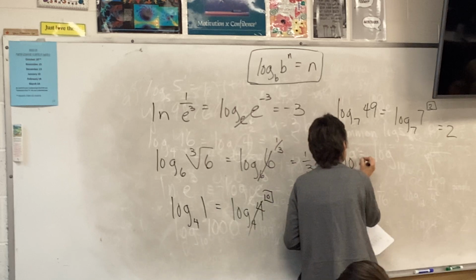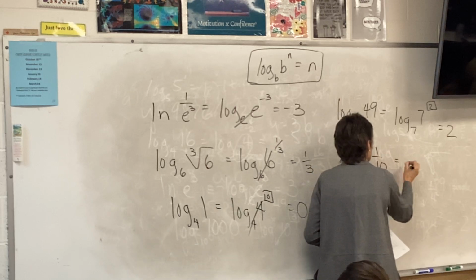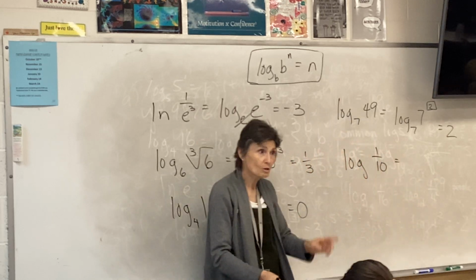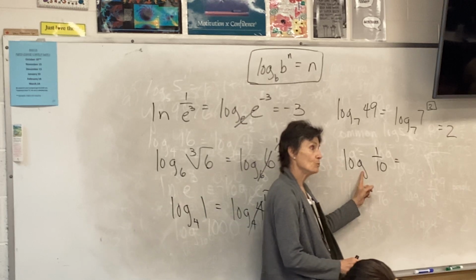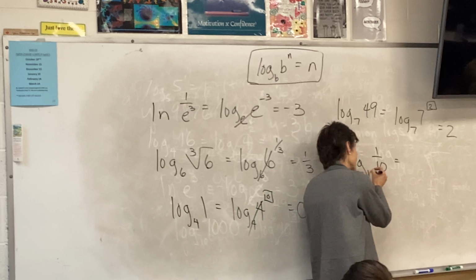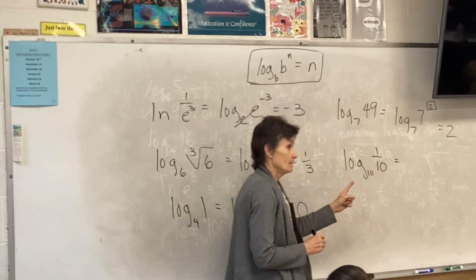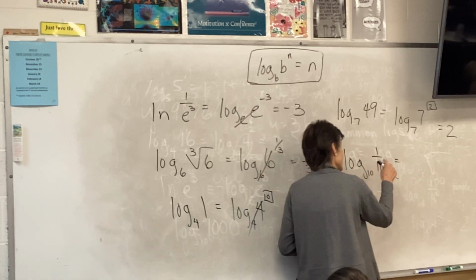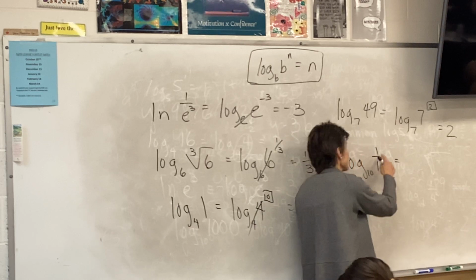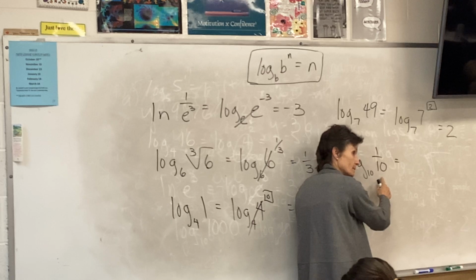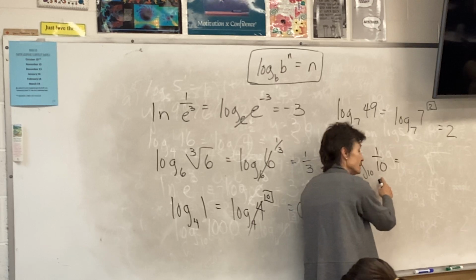Alright, log 1/10. Now, two things. First of all, when you see LOG, you know the base is 10. Now, you need this to be a 10. It's a 1 over 10.